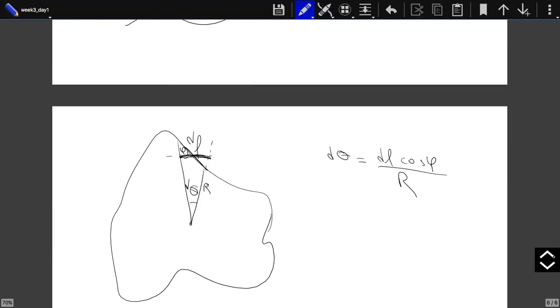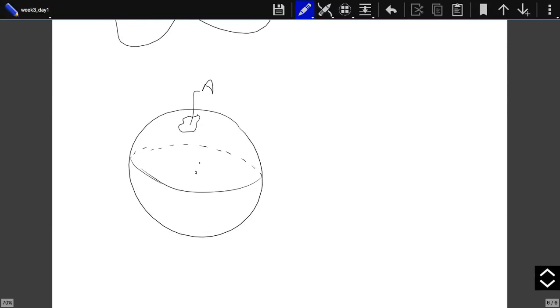Here we had this wedge-like shape. If we generalize it to 3 dimensions, we get a cone with the bottom area equal to our area. This is the cone. The radius is r. The solid angle we define as a.